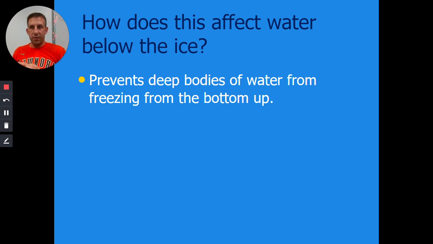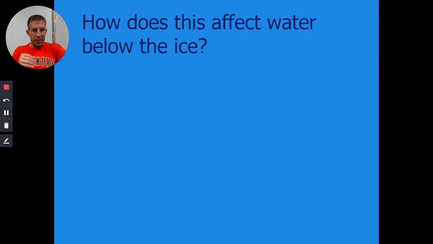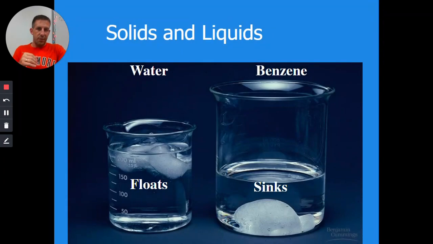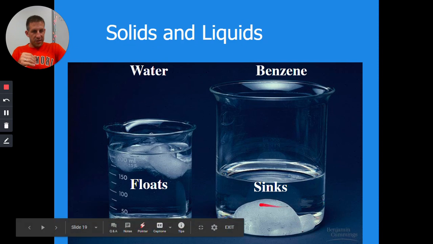Okay? Normally what happens, right? If we get a body of water, it freezes on the top and then there's still water below. Right? That seems common knowledge to most of us, and for the most part it is. We've got to switch our thinking. What would happen if bodies of water froze from the bottom up? Well, think about if we had like benzene and we had a brick of ice at the bottom, and then once it froze more, it would stack up more and more.